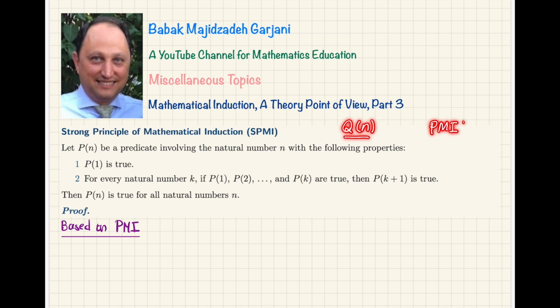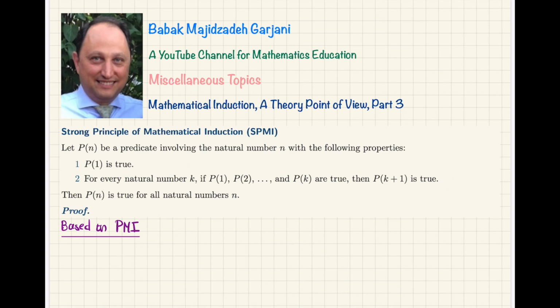Then I can use the principle of mathematical induction for that predicate to conclude that for all natural numbers n, Q of n is true. And then when I realize that Q of n is true for all natural numbers n, I use this fact and show that this is the case for P of n as well.